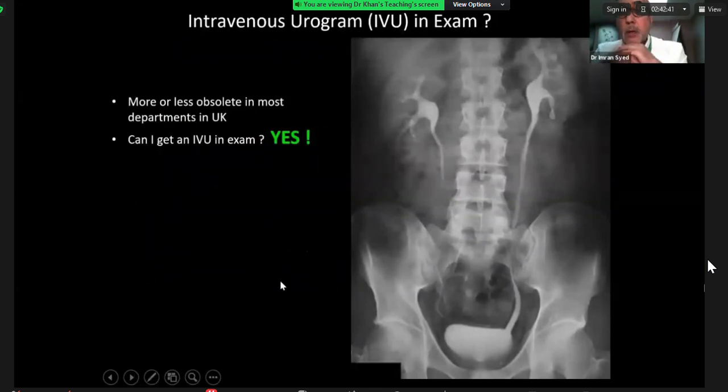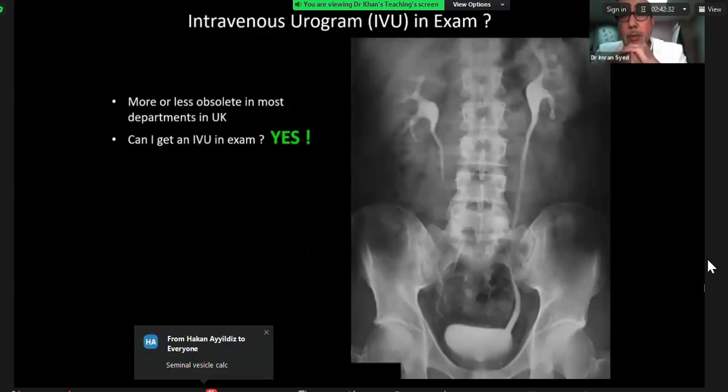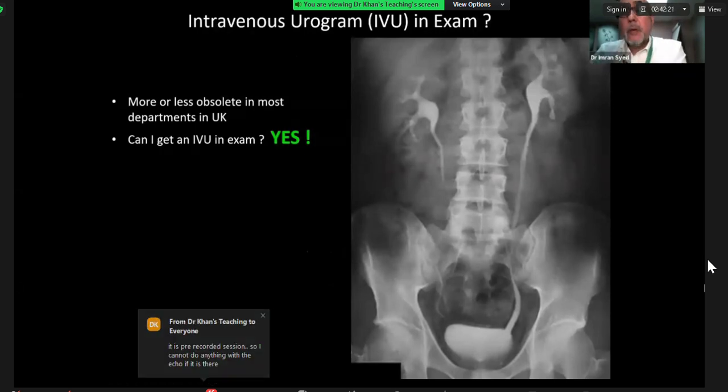Now, this is an IVU examination, and a lot of centres, in fact most centres in the UK, don't use IVUs at all now. But can you get an IVU in the exam? And the answer is yes, you can. So it's worth having a handle on what sort of IVU films there are and what you're trying to look for.